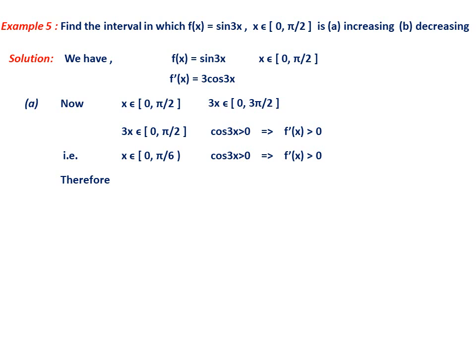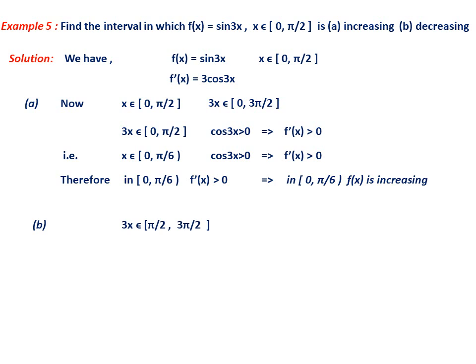Then we have to decide where it is increasing and where it is decreasing. Therefore we can say in the given interval 0 to pi by 6, f dash x is strictly positive, therefore it is increasing. So that means in the first interval 0 to pi by 6, f is increasing.